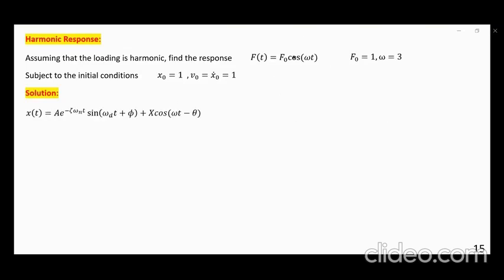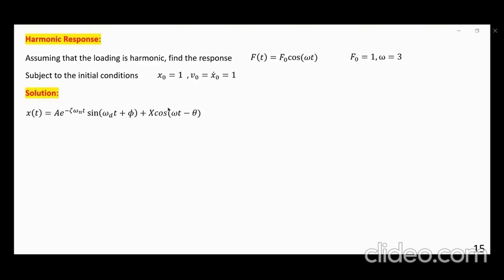So for a problem that you have a harmonic load on the right-hand side, there is a steady state solution, and there, of course, is the solution to the homogeneous equation because of the initial condition. So there is this that will die out as time goes on, and this that will never go away.